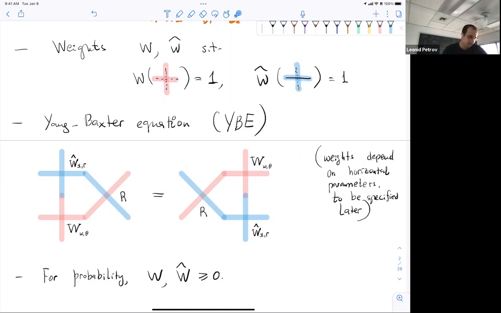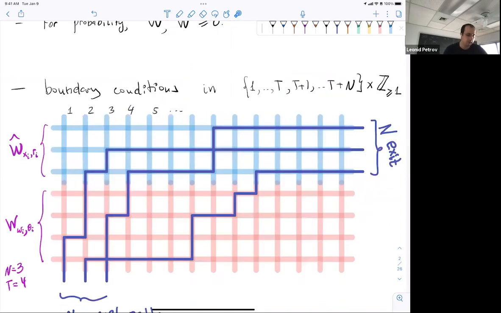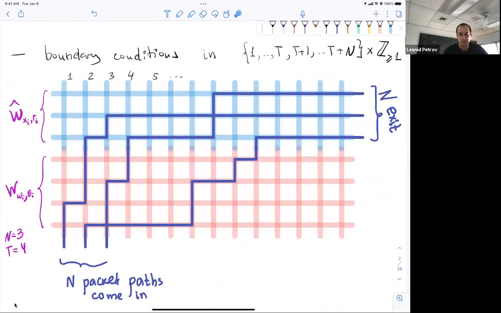Okay, so here's the vertex model in its full glory of the boundary conditions. So here's what I'm taking. I take 2 numbers, n and t. And the lattice is half infinite, so it starts with 1 and goes infinite to the right.